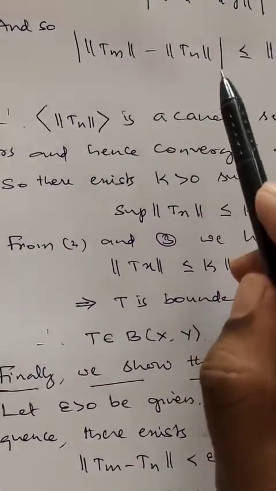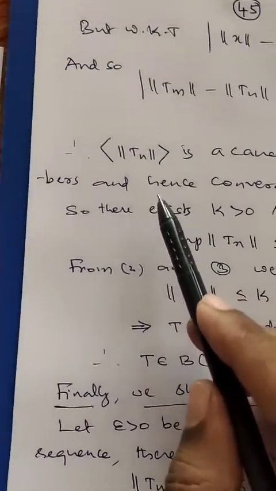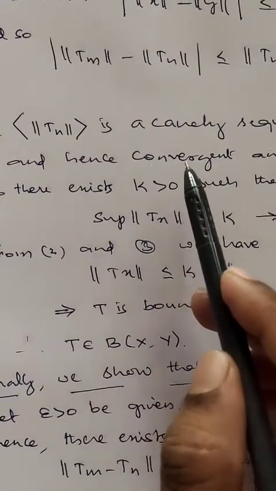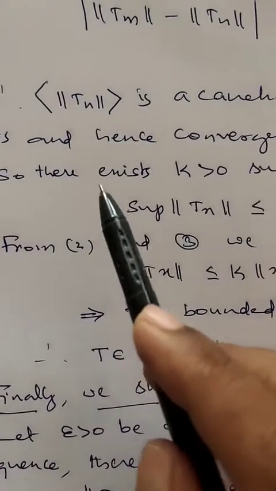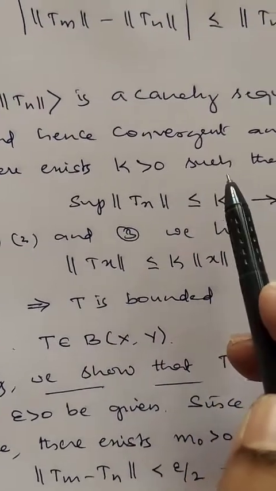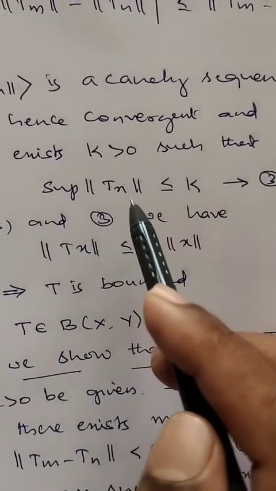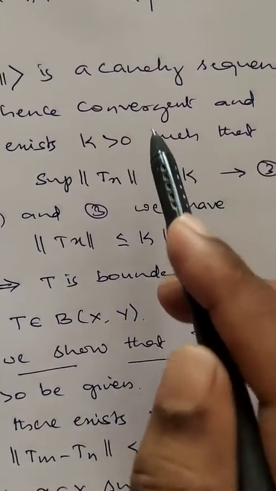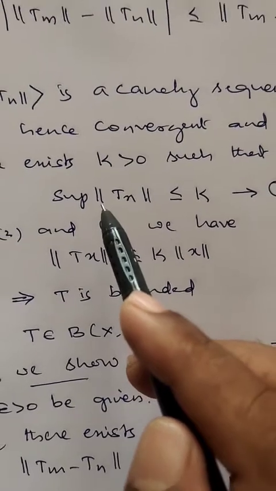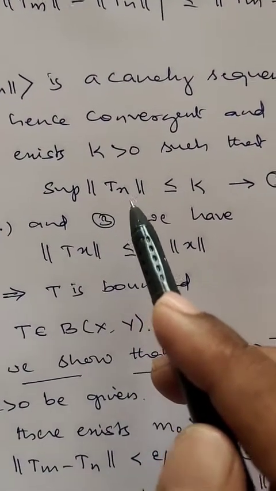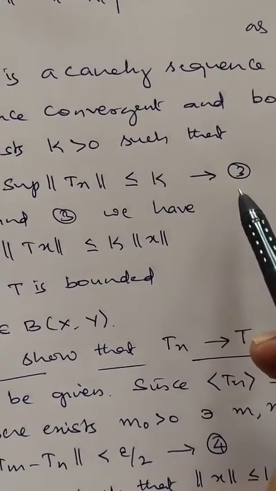Norm of anything is a real number. So it is a Cauchy sequence of real numbers and hence convergent and bounded. Therefore there exists a positive constant k such that supremum of norm of Tn is less than or equal to k, because I assume the condition that it is bounded. So supremum of norm of Tn is less than or equal to k.